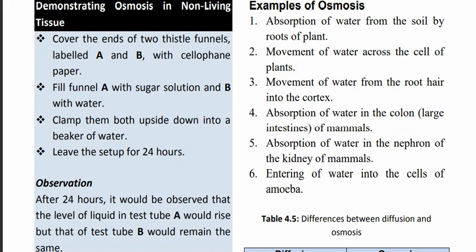Then we have absorption of water in the colon or large intestines of mammals. Then we have absorption of water in the nephron of the kidney of mammals. The last one, we have entering of water into the cells of amoeba.